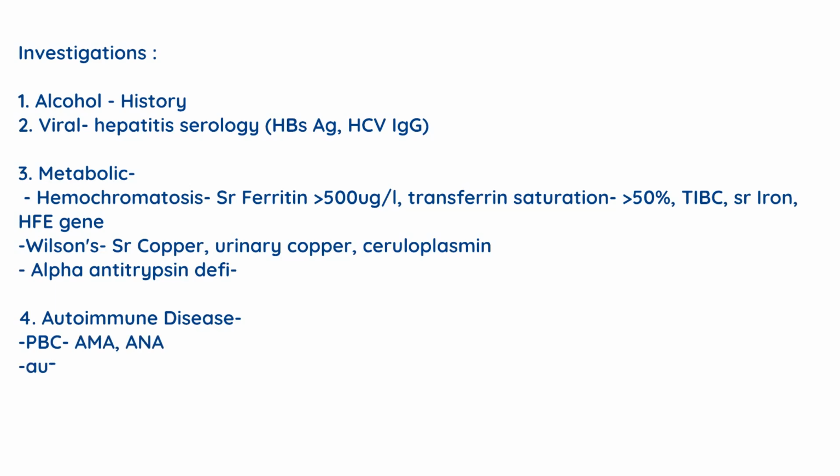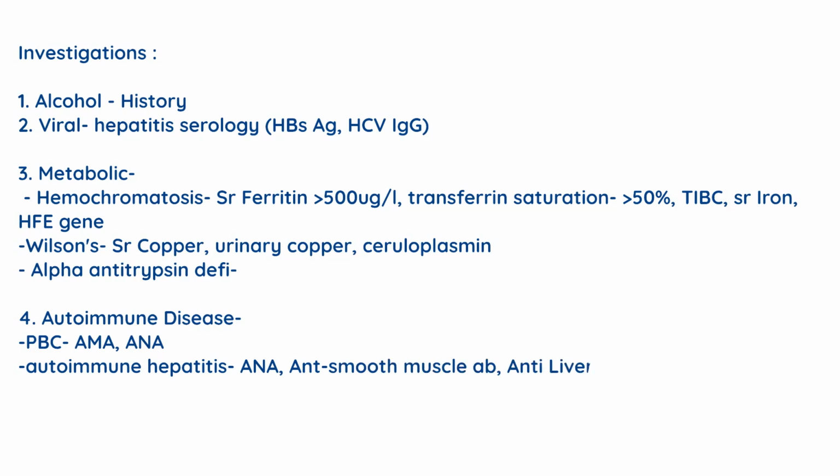HFE gene. It can also be Wilson's disease, if you notice any KF rings, and you can answer that we need to do serum copper levels, urinary copper levels, ceruloplasmin, etc. In the case of autoimmune disease, you need to mention that we need to do the antibody tests.